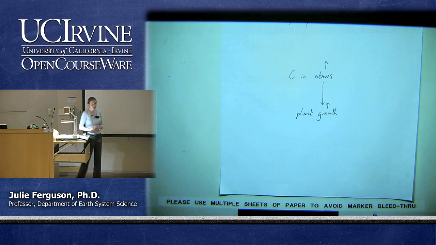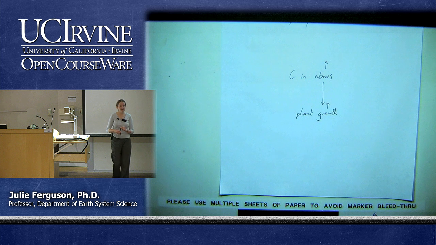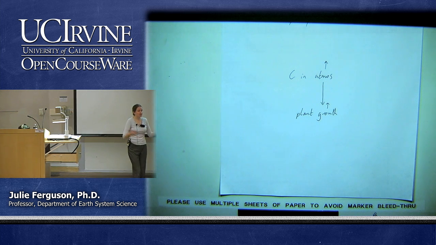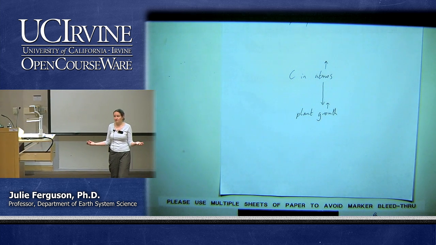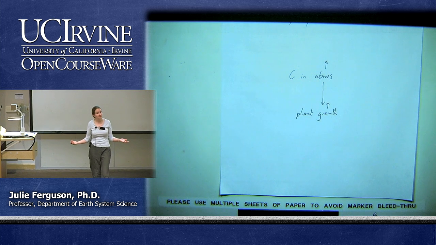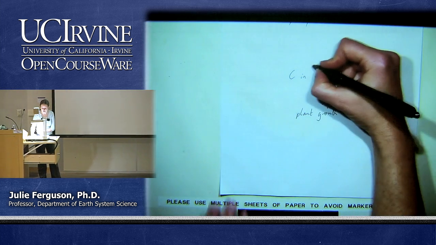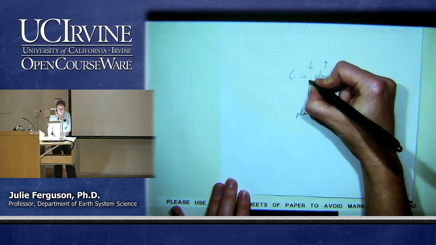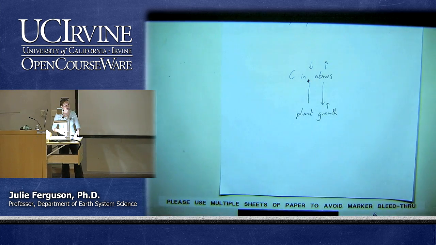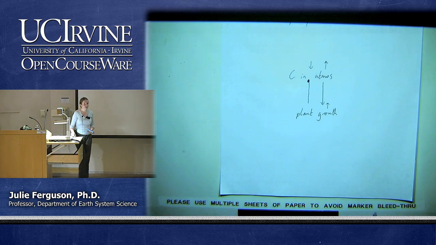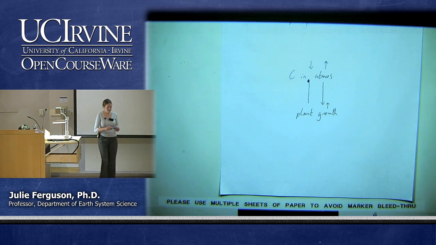If we're increasing the amount of plant growth, we're increasing the amount of carbon going into plants. What do we do to the amount of CO2 in our atmosphere? We decrease it, okay? So in this case, this is our little stabilizing loop. It's a very small, simple loop.